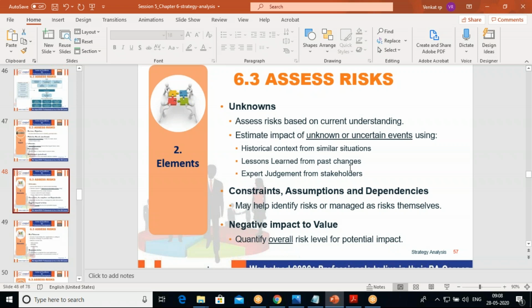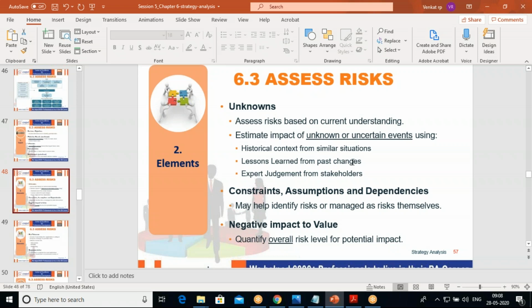Actually, as a business analyst, you will not be the right person to assess the risk. You have to talk with the subject matter experts, the implementation subject matter experts, and the people who have already done it before. If you talk to them, they will be the right people to give you information about these unknowns.